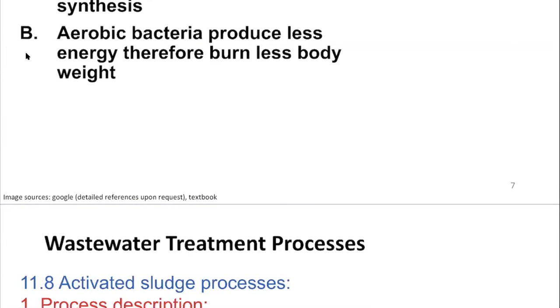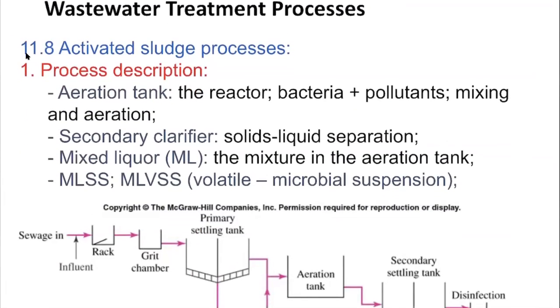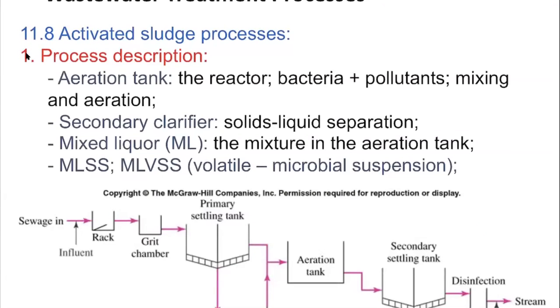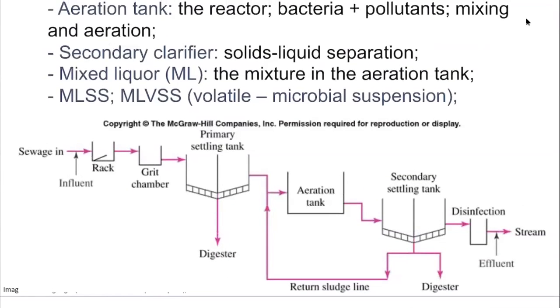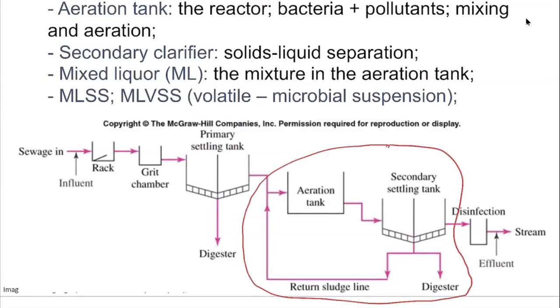Okay, so now we can talk about the design of this aeration tank or the activated sludge process. If you look at where this process is taking place, this is a schematic diagram of the wastewater treatment plant, right? The secondary treatment, or the aeration tank, or the activated sludge process is here, after the primary treatment where you have the primary clarifier.